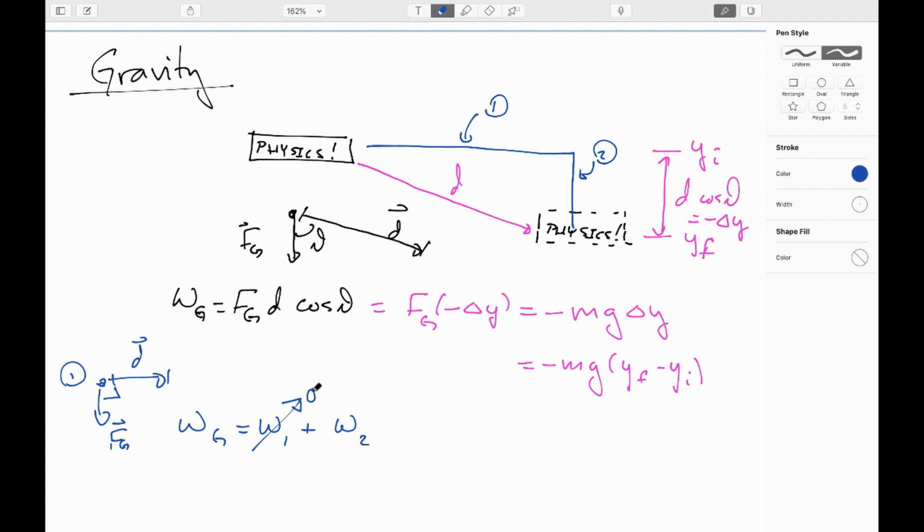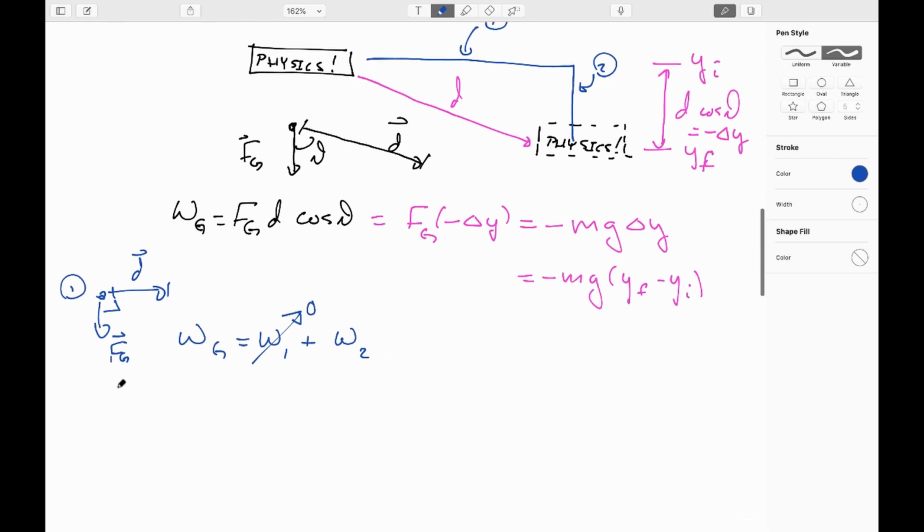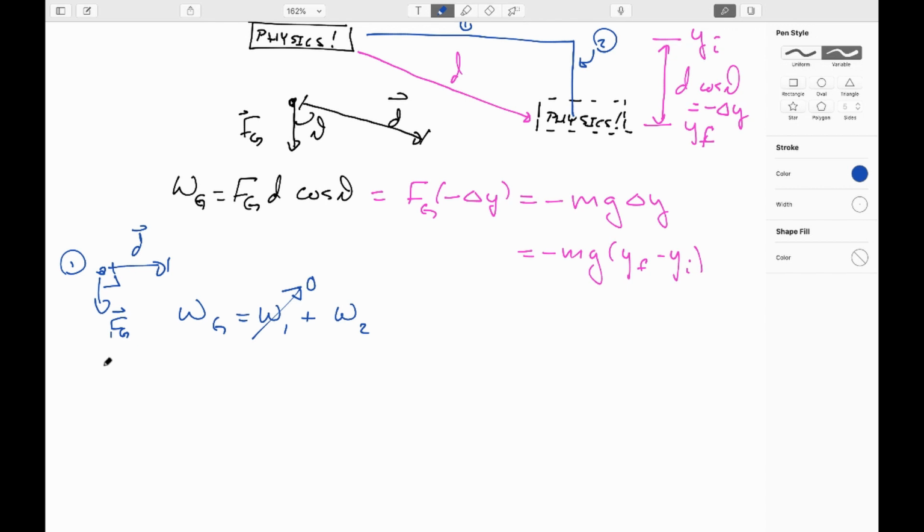So what about segment 2? Well, segment 2 is just a straight line. Along segment 2, the force of gravity points straight down, and so does the displacement.